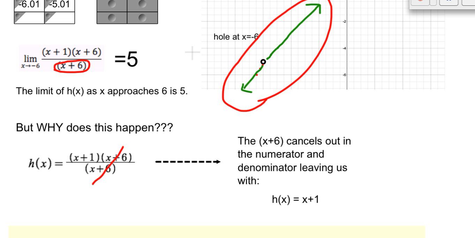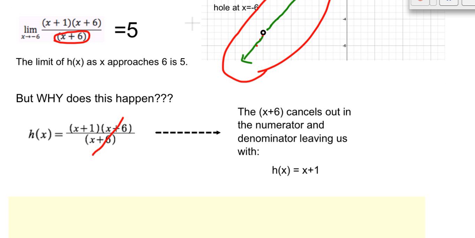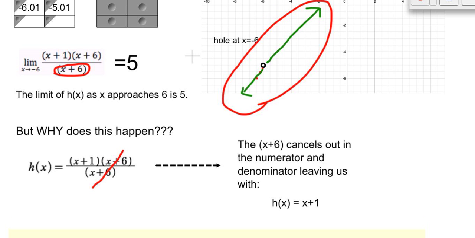So that's why we get a hole there. Everything else just looks like x plus 1. And in fact, if the hole wasn't there, it would just be x plus 1, because if you plug in -6 into x plus 1, you'd get -5.